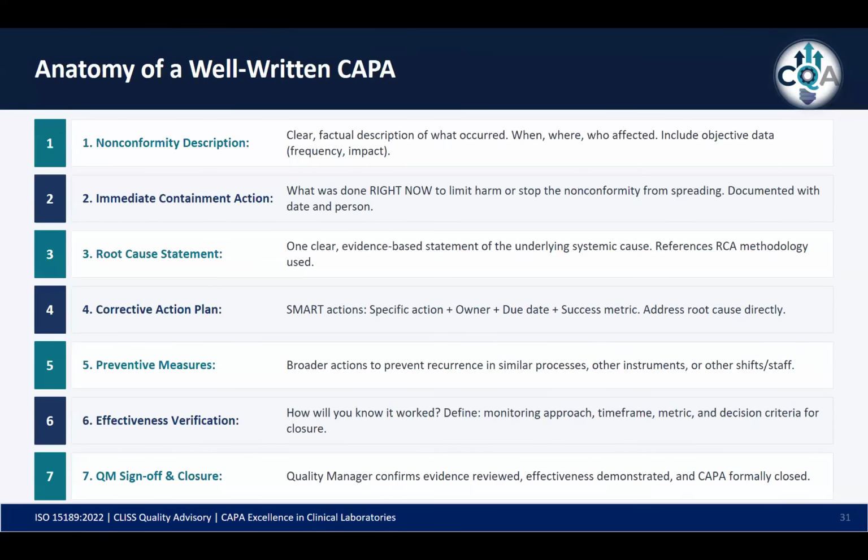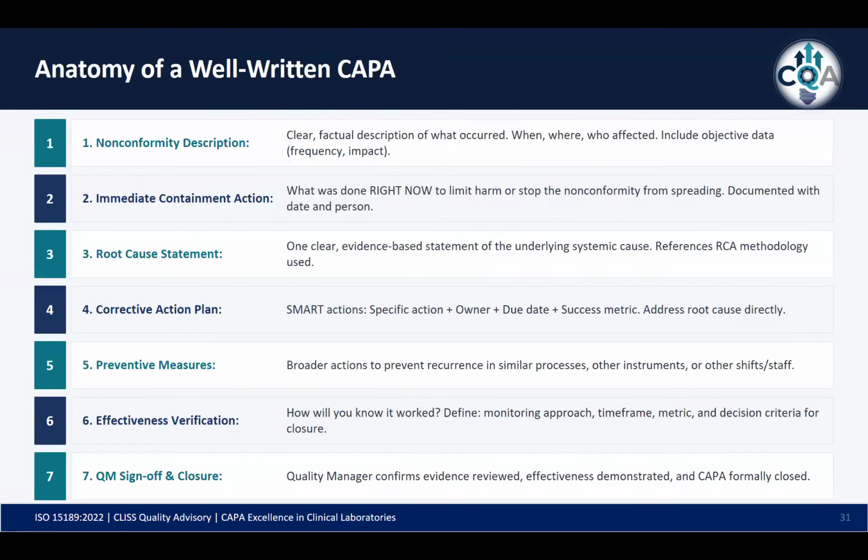So if you do that, you'll be sure that your non-conformance report is clear and it will help you investigate and close your non-conformity well. Immediate containment action, right? What was done right there and then to limit the harm and stop the non-conformity from spreading, and document that with the date and person that was involved.